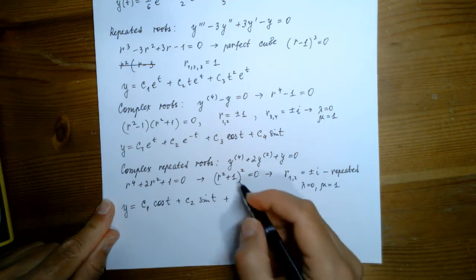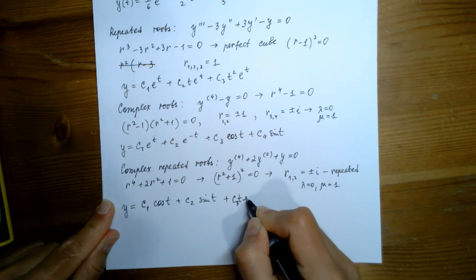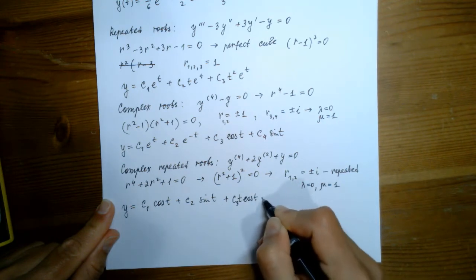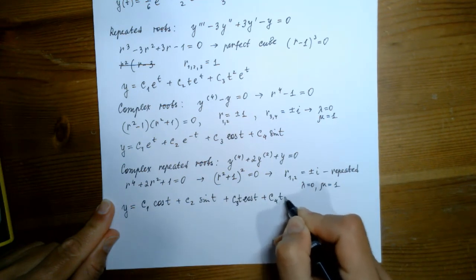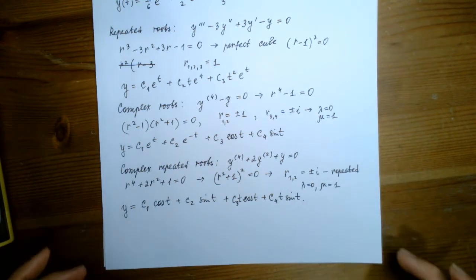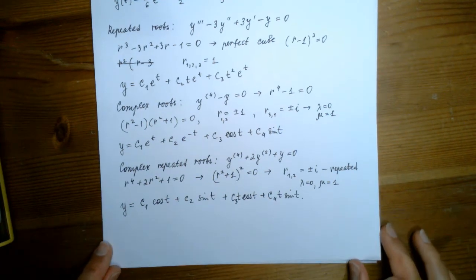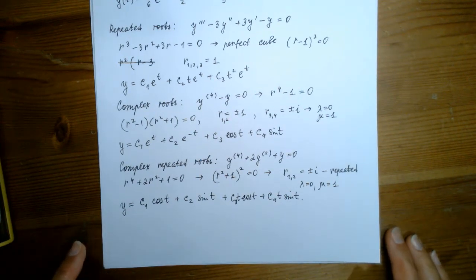We are going to multiply it by t. So we are going to have C3 t cosine of t and C4 t sine of t. Well, it's going to be hard to calculate all these constants considering that they are products and we differentiate them. But otherwise, that's how the solution is going to look.